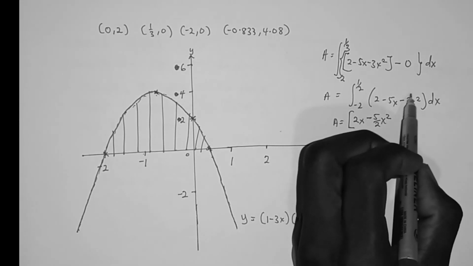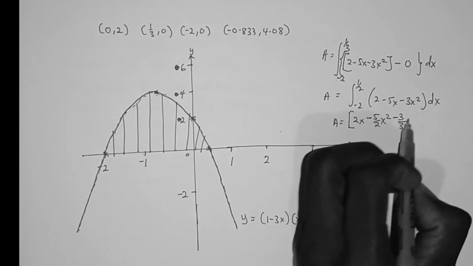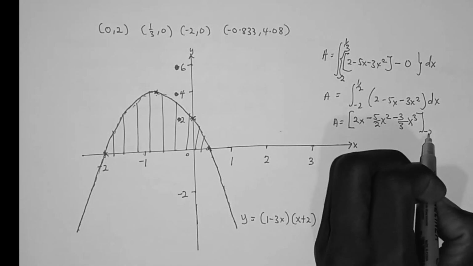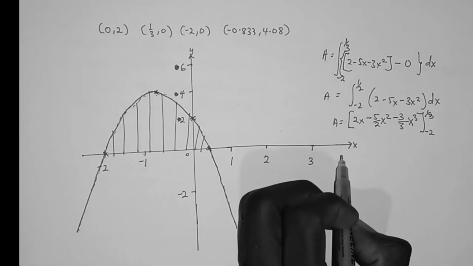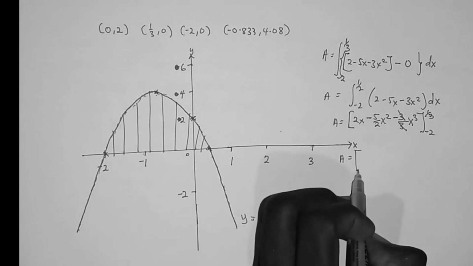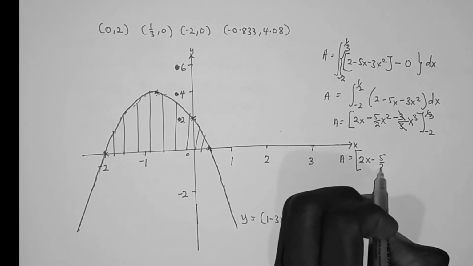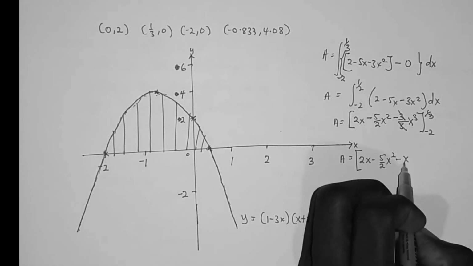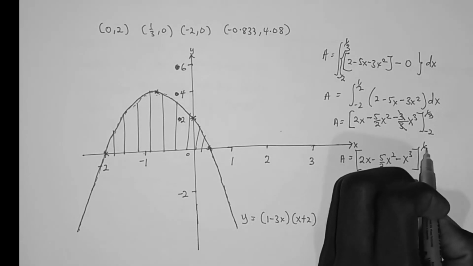And if you integrate minus 3x squared, it becomes minus 3 over 3 x cubed. And this is evaluated from minus 2 to 1 over 3. So A is equal to, this 3 and this 3 can cancel out, 2x minus 5 over 2 x squared minus x cubed, all of that evaluated from minus 2 to 1 over 3.